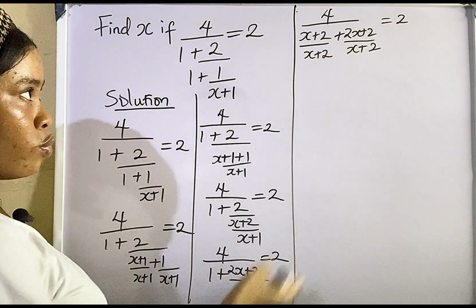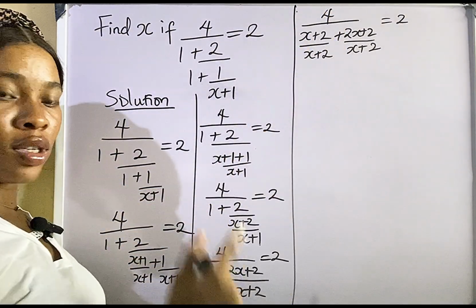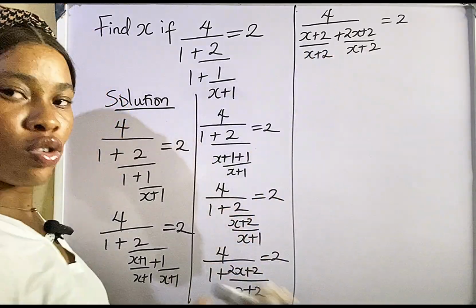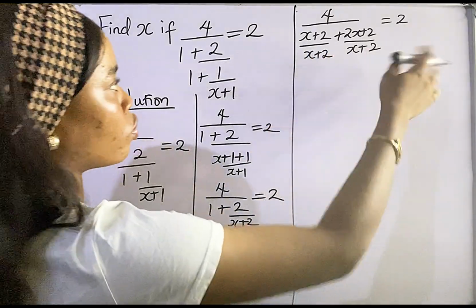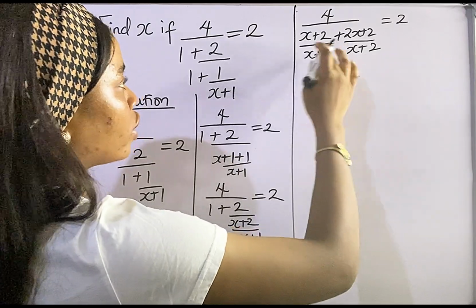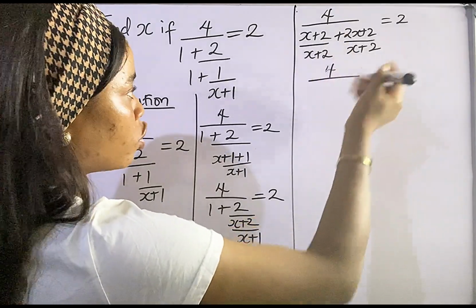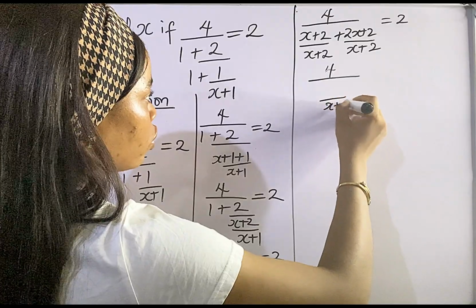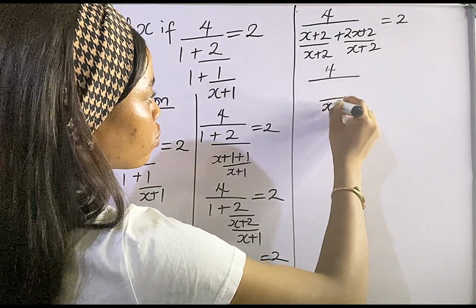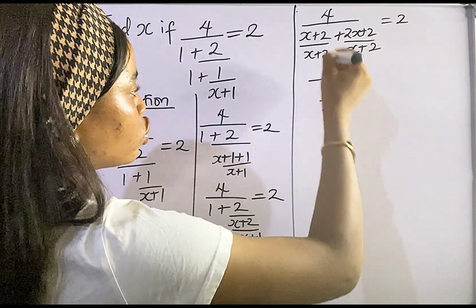Because this divided by itself still gives 1, it doesn't change anything. So you see that they are now like fractions, so it's easy for us to do what we want to do. So this becomes 4 all over, now they have the same denominator, so we pick x plus 2, and then we add the numerators together.